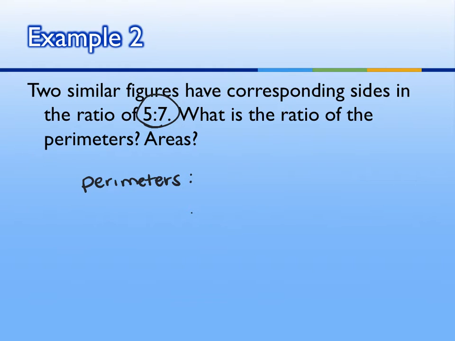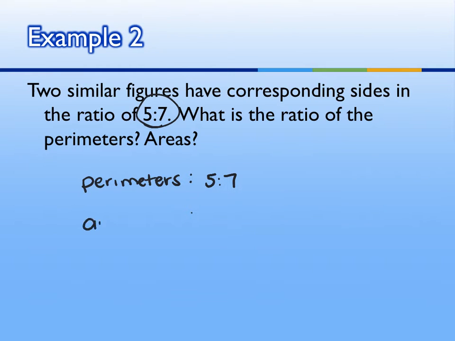Anyone want to unmute and answer, or raise your hand, or even type it in the chat if you don't want to hear your own voice? That's fine. Good. It's 5 to 7. Same as the ratio of the sides and the scale factor.